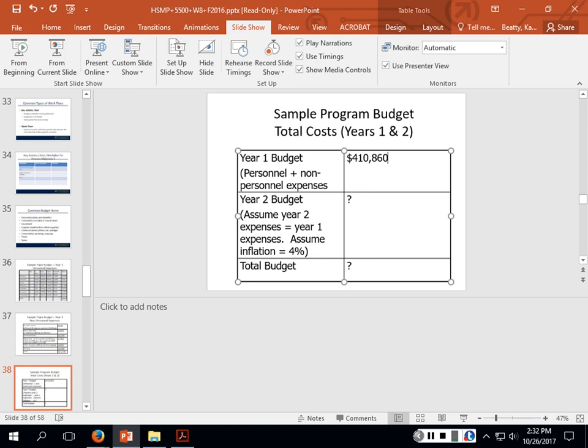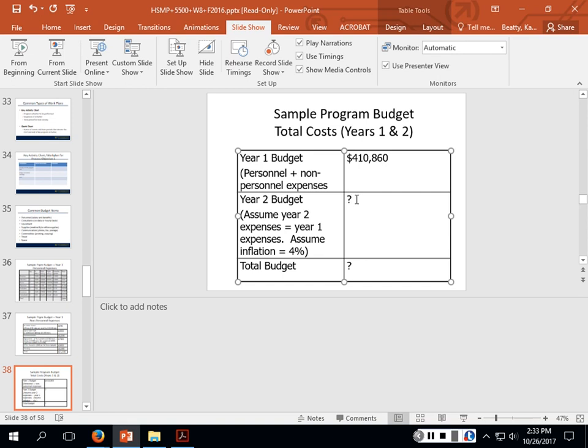We are going to assume, again for presentation purposes, that our personnel and non-personnel needs for year 2 of our program will be similar to those for year 1. So to calculate our year 2 budget, we are going to simply increase our year 1 budget by the inflation rate, which is typically 3 to 4% per year.